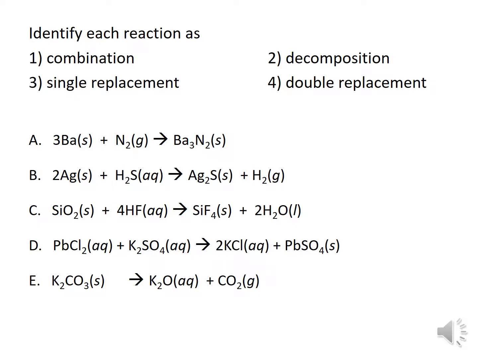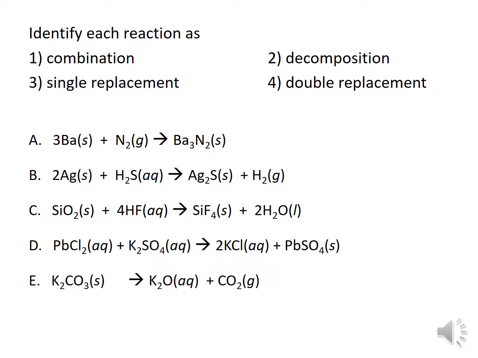In C we have silicon paired with oxygen and hydrogen paired with fluorine. After the reaction, silicon is paired with fluorine and hydrogen is paired with oxygen. So that looks like a double replacement. Another double replacement: lead paired with chloride, potassium combined with sulfate.